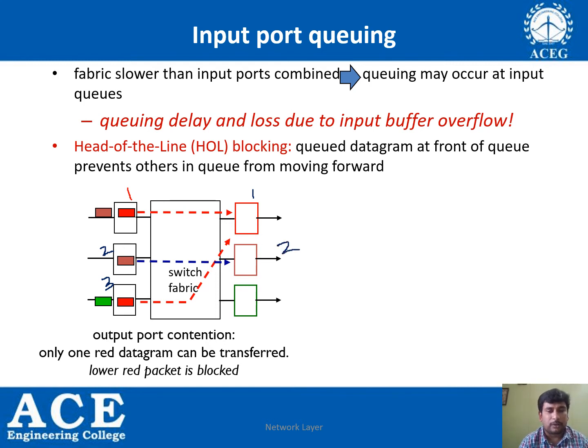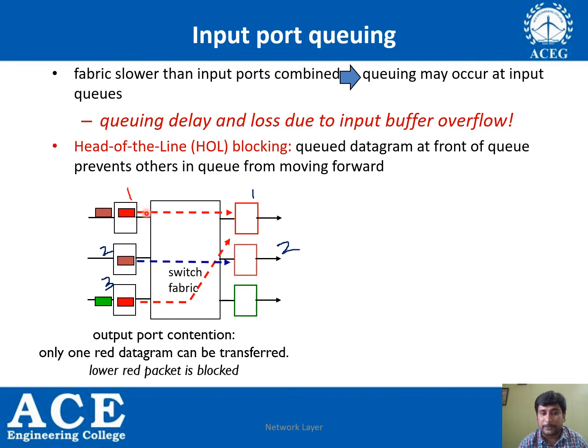For output port 2 we don't have a problem, because only one input port is trying to send a datagram to it. But for output port 1 we have both input port 1 and input port 3 trying to transmit, and only one datagram will be taken at a time.